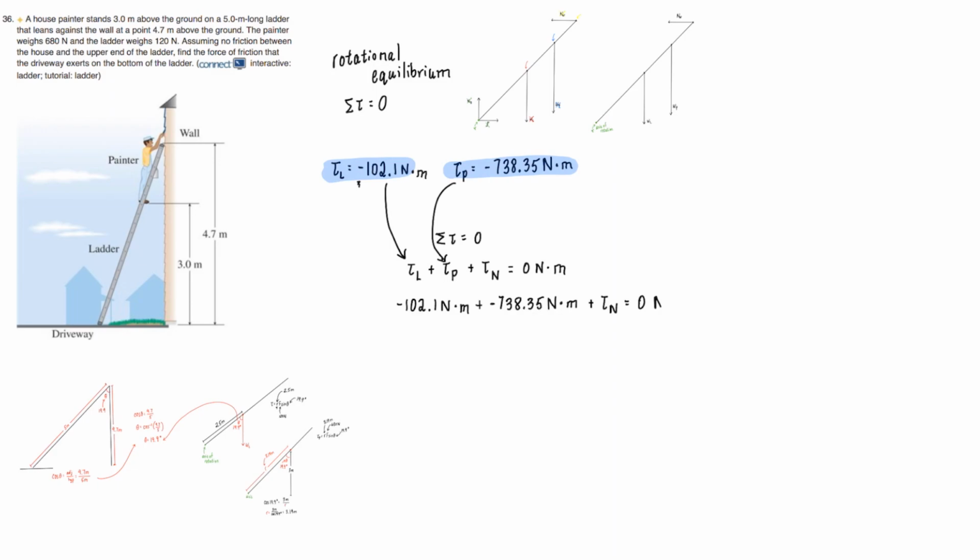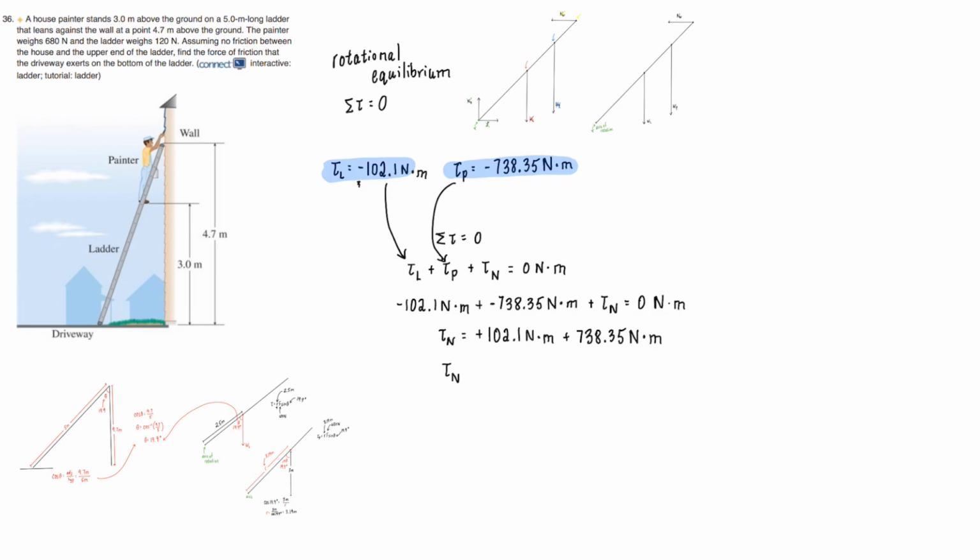So rearranging this equation, we get the torque caused by the normal force to be equal to positive 102.1 Newton meters plus 738.35 Newton meters.